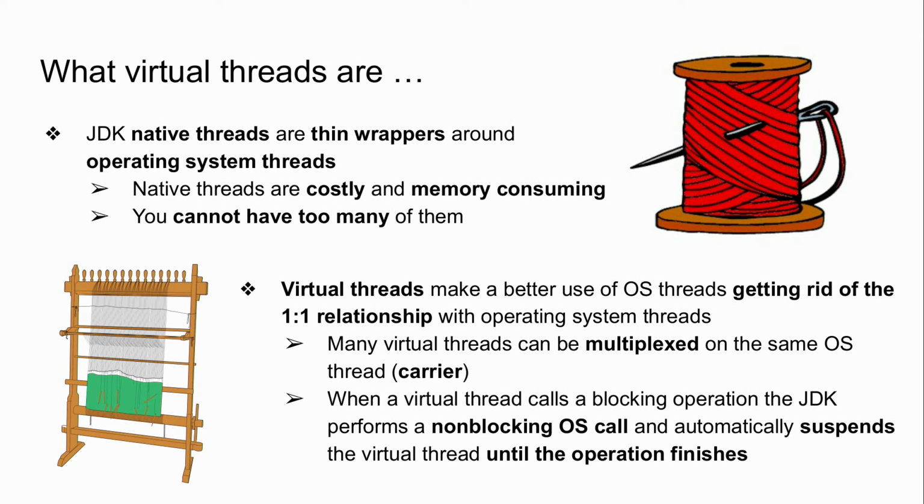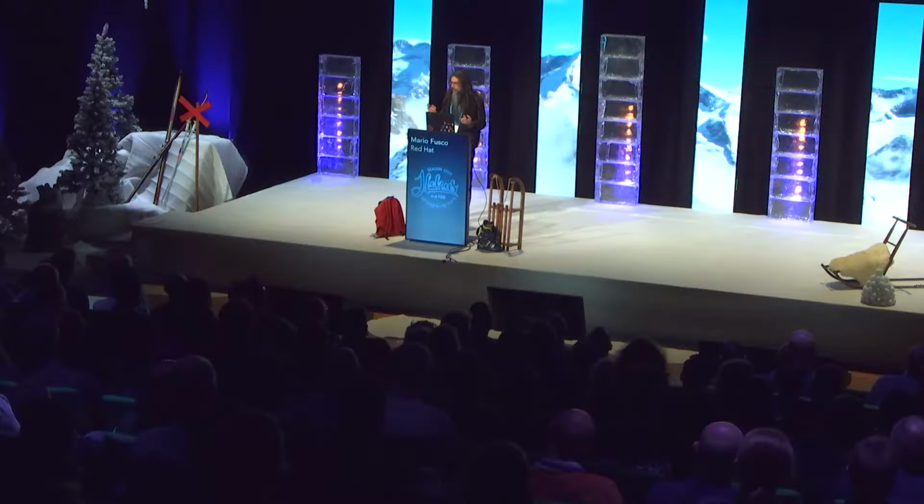With virtual threads, we try to remove this problem by getting rid of the one-to-one relationship between the operating system thread and the Java virtual machine thread, meaning that we can multiplex multiple virtual threads on the same native thread.